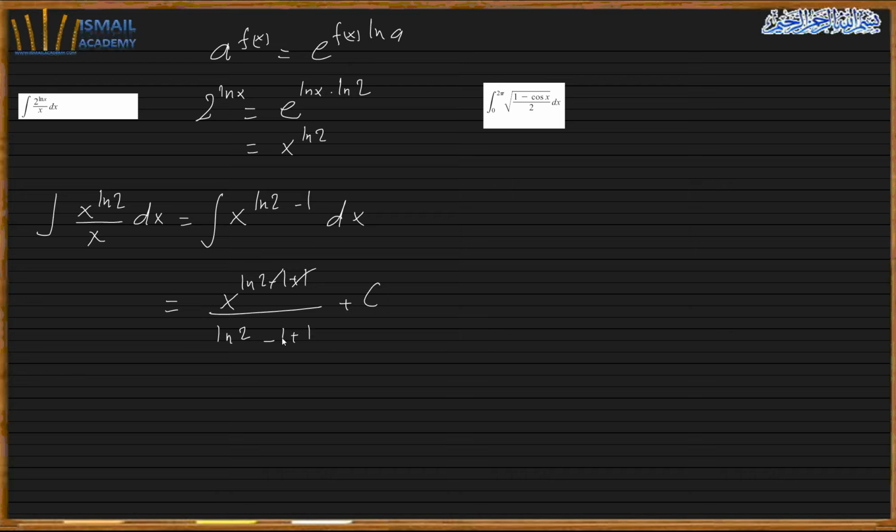So this is gone, this is gone. It's going to be x to the ln of 2 plus c. You can transform this back to its original form, which is the same thing as 2 to the ln of x, plus c. And this will be your answer here.